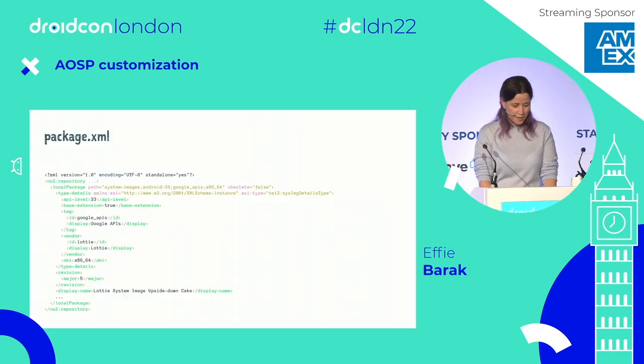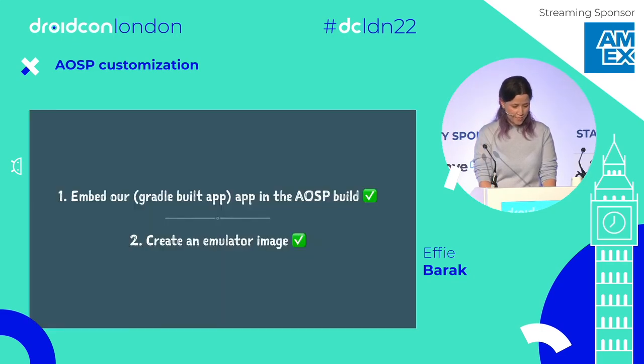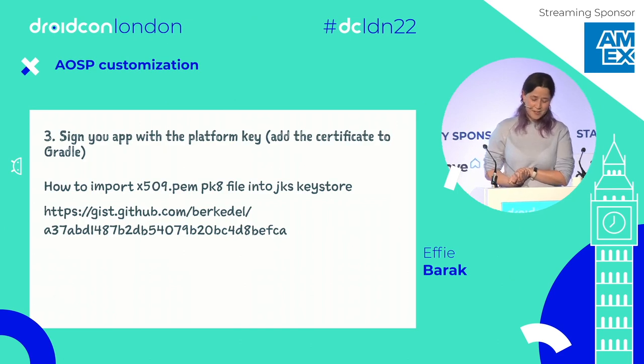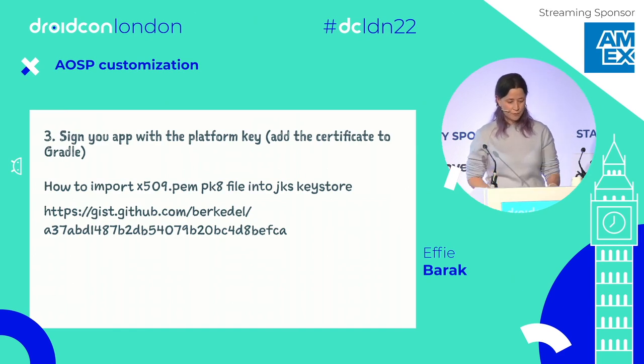So going back all the way. Now, they are the AOSP signing keys, the AOSP key store is different. We need to import the format that they're in into a JKS key store, which is what we use on Gradle, which is what we use on Android. There's a boring list of commands of how to do it.